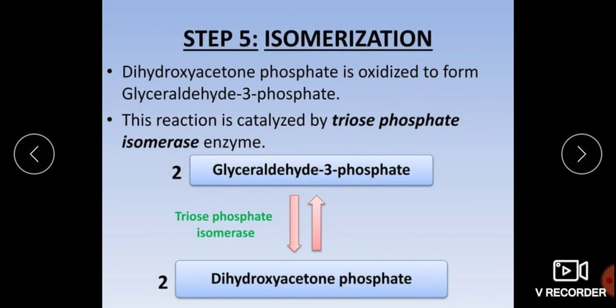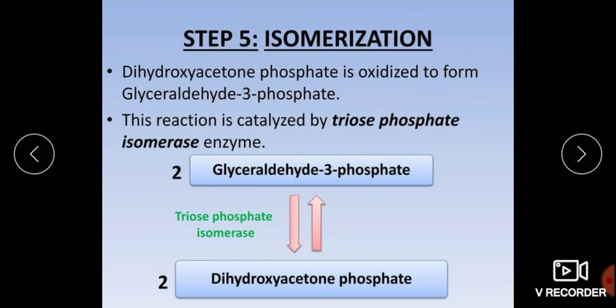Then next step, that is step 5, isomerization. After splitting of fructose 1,6 diphosphate into glyceraldehyde 3 phosphate and dihydroxyacetone phosphate, the triose phosphate isomerase can interconvert the dihydroxyacetone phosphate to glyceraldehyde 3 phosphate or vice versa.